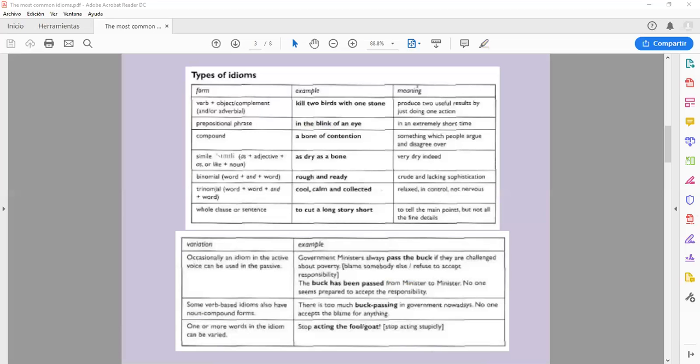And could you finish that example with "I killed two birds with one stone"?